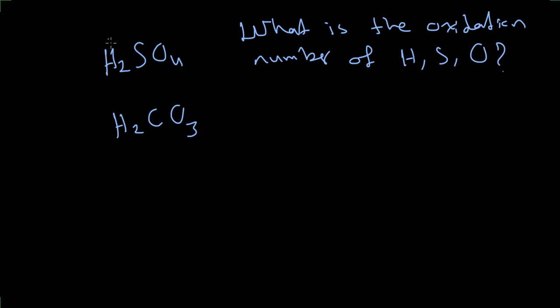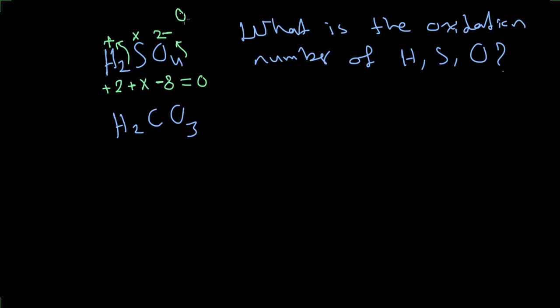The answer. H is always +1 in this molecular compound. Oxygen is -2. So 2 multiplied by +1 is equal to +2, plus S, which we don't know, is equal to X, plus 4 multiplied by -2, which is -8. The result is equal to 0. Why?